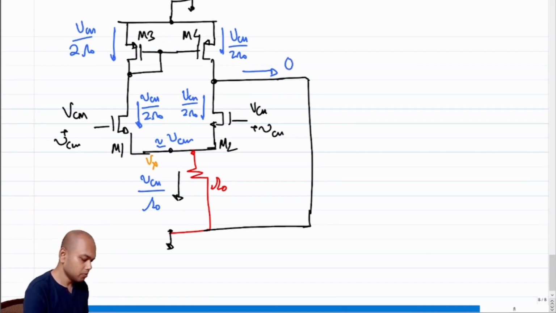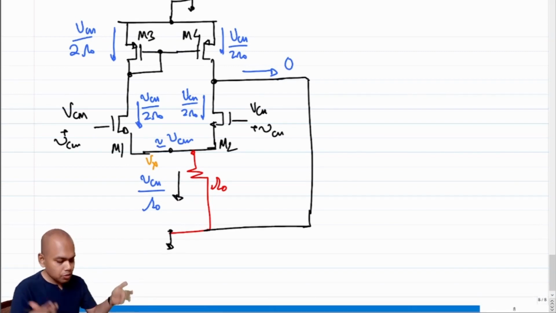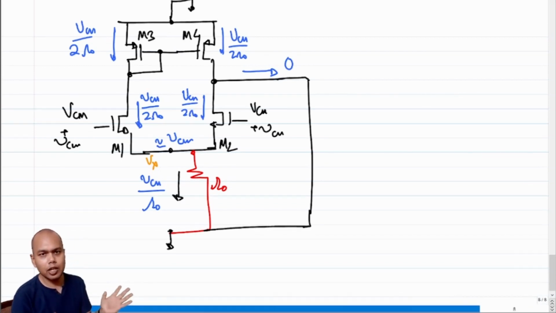This is 0, right? VCM by 2 R0 is coming from the top, VCM by 2 R0 is being dragged out. So essentially the incremental current into the short is 0. What does this tell you? This is essentially telling us that this network doesn't respond to any common mode excitation, right? That's what it's telling us.